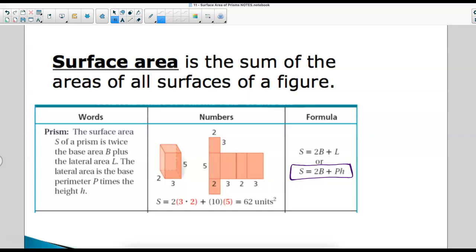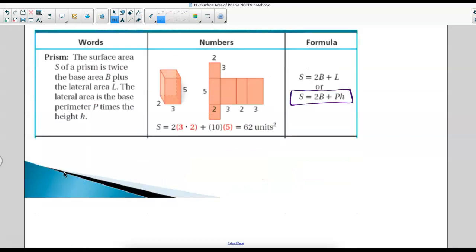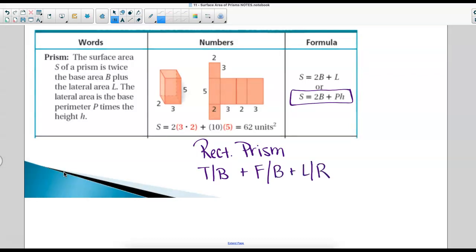Instead, I'm going to change our formulas a little bit, because I think it's much easier to think of it this way. If we have a rectangular prism, what we really end up with is the top and the bottom, so I'm going to say T and B, top and bottom, plus the front and the back, plus the left and the right sides.